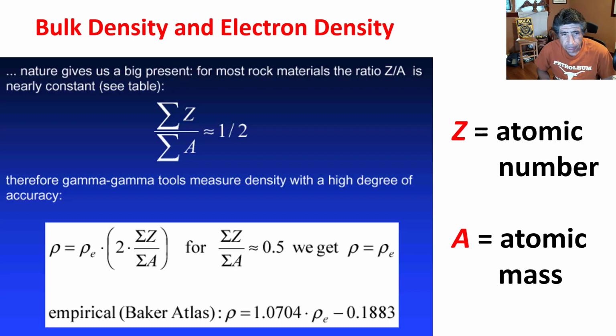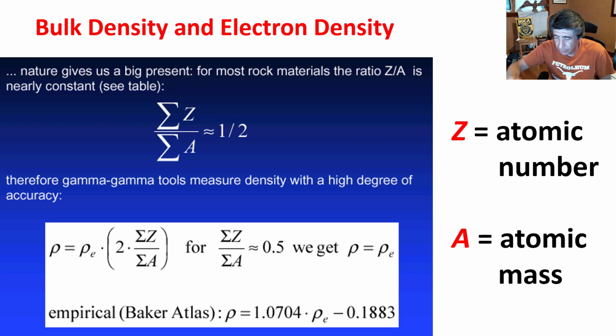Now, there's something really interesting. The decay of gamma ray counts in rocks that we measure is essentially, as I showed you before, an exponential. They follow an exponential equation where the exponent is the electron density.